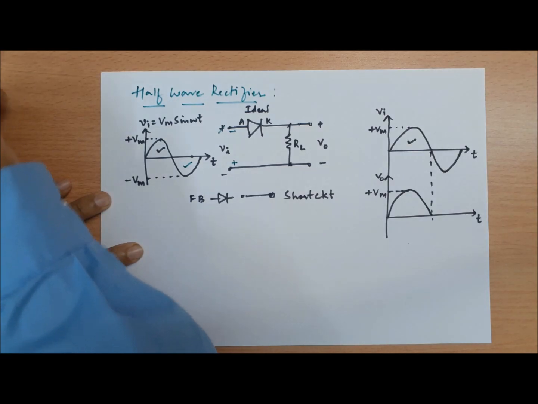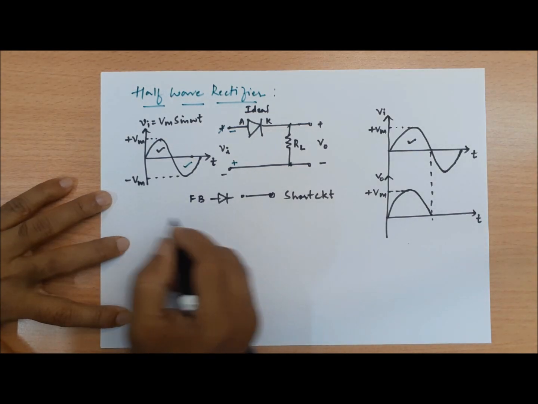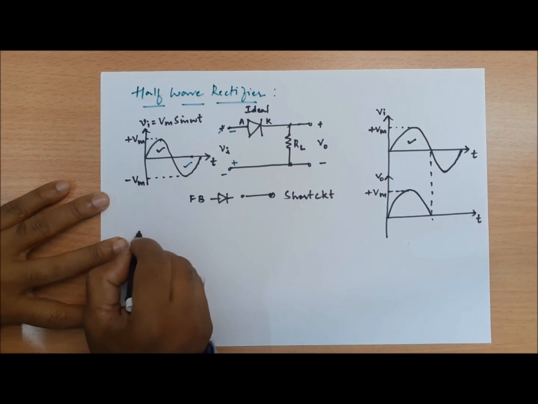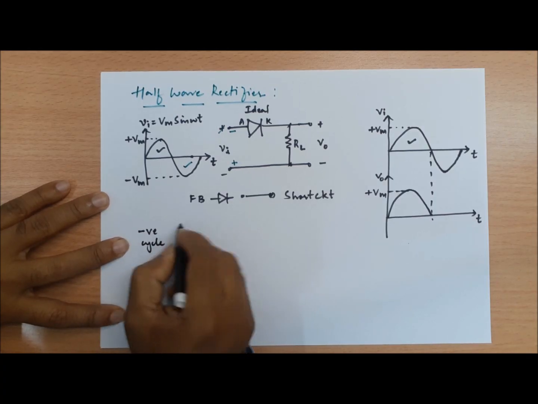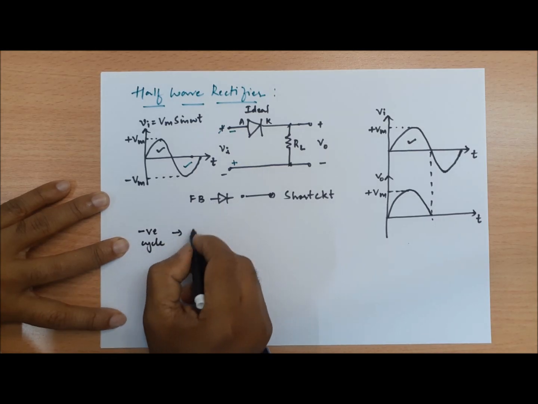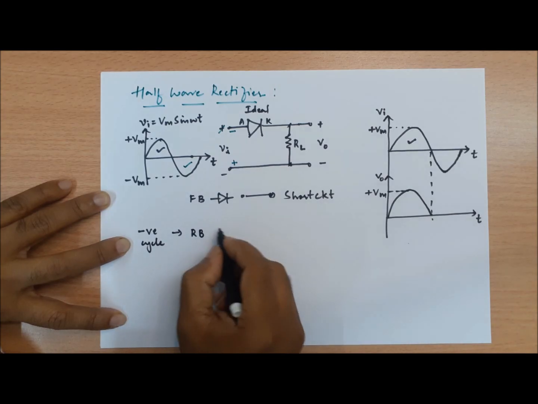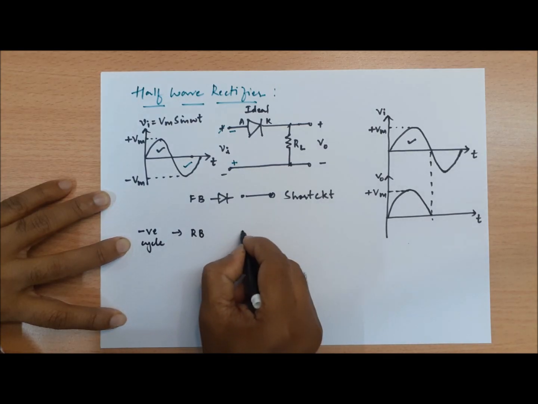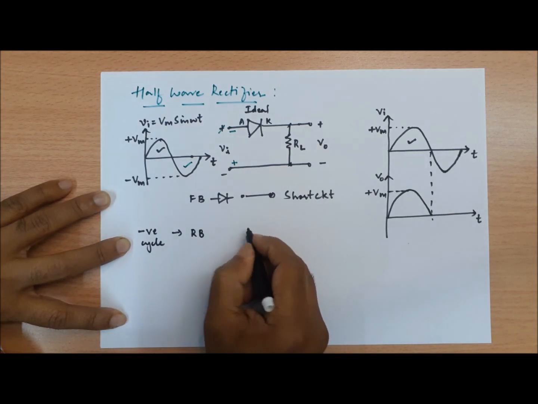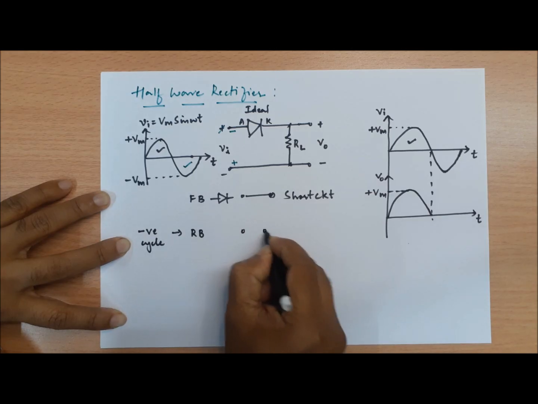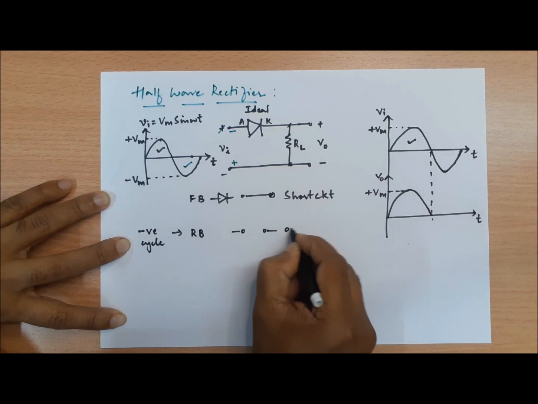During the negative cycle, the diode will be reverse biased. RB stands for reverse biased. So that means the diode will not be on. It behaves as if it is an open circuit.